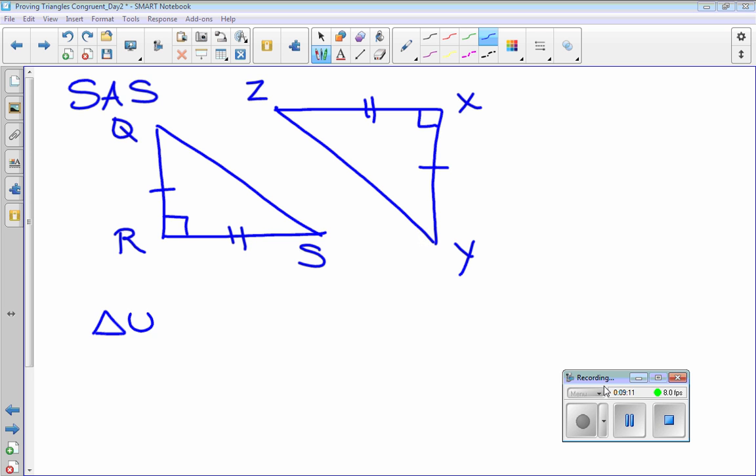Let's say angle QRS is congruent to which triangle? We need to make sure it's in the correct order. So what does Q correspond to in the other triangle? It corresponds to Y. On the triangle QRS is congruent to which triangle? But angle Q, which is this angle up here, what does it correspond to in the other triangle?